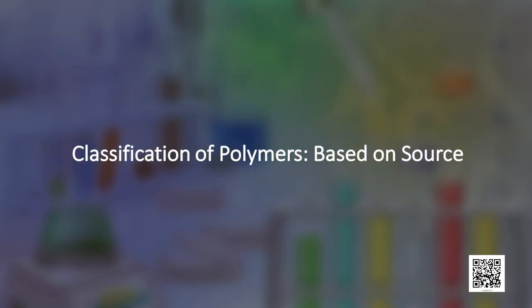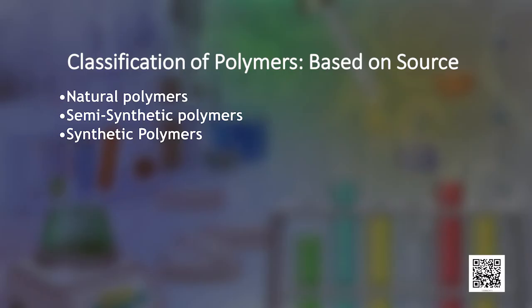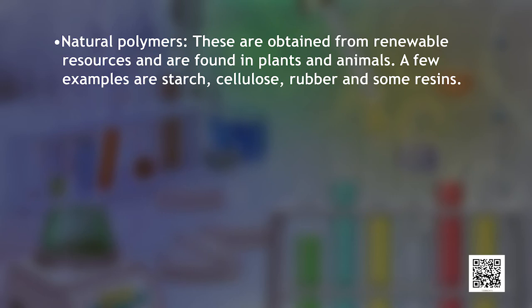We will discuss five different ways of classification, starting with classification based on source. Under this type of classification, there are three subcategories: natural polymers, semi-synthetic polymers and synthetic polymers. Now, what are natural polymers? These are obtained from renewable resources and are found in plants and animals.